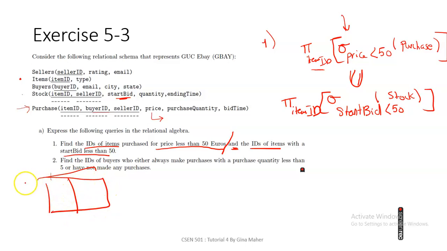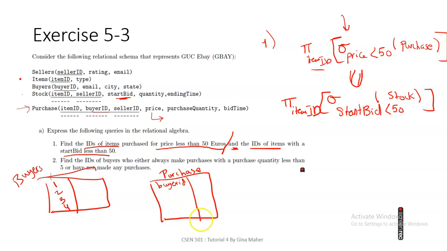The buyer. Okay, and we have buyer ID 1, 2, 3, 4, for example. And another table, which is the purchase. Okay, and assume that we have here a buyer ID and the quantity or the purchase quantity.